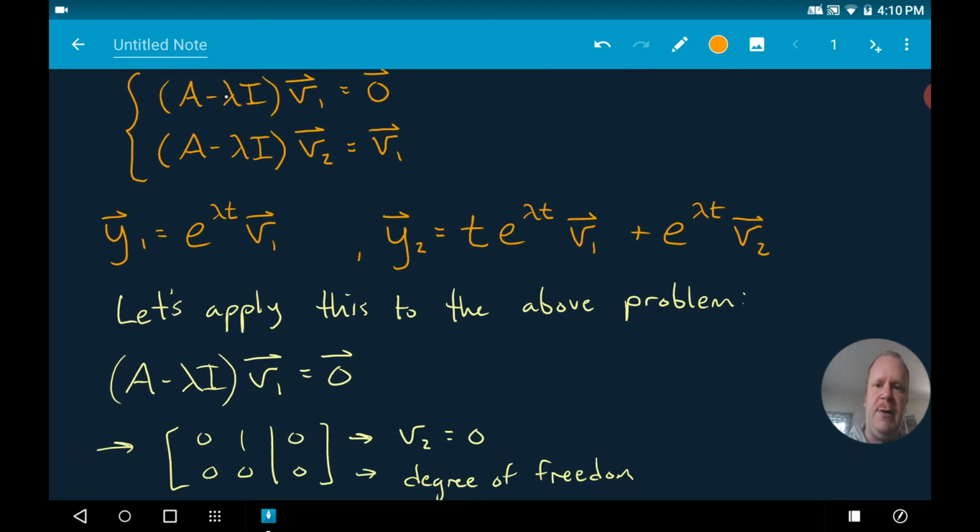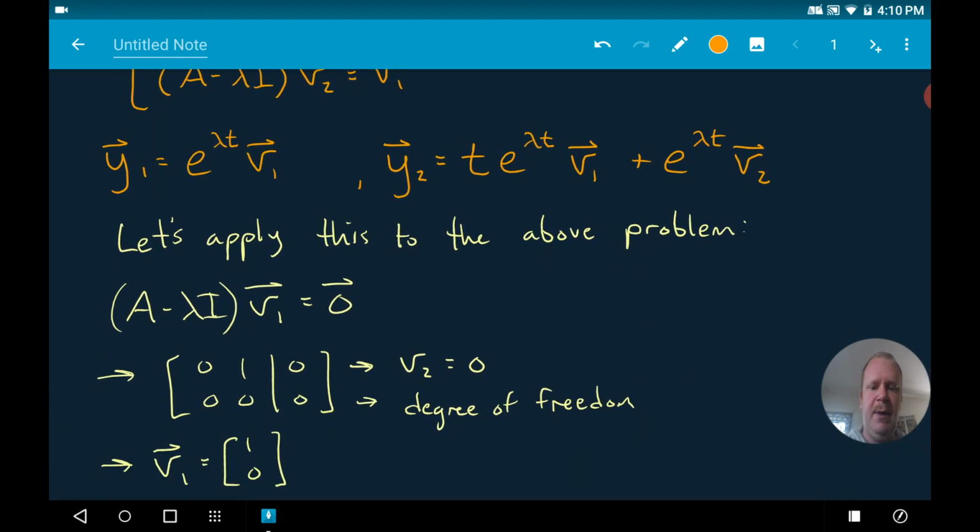So if I start with this first equation here, A minus lambda I times v1 is equal to 0. We get exactly what we did when we made our first attempt at this problem. Similarly, we can say that our first eigenvector is equal to 1, 0.